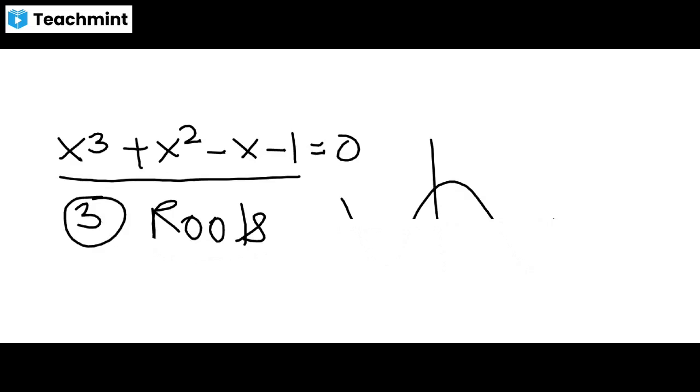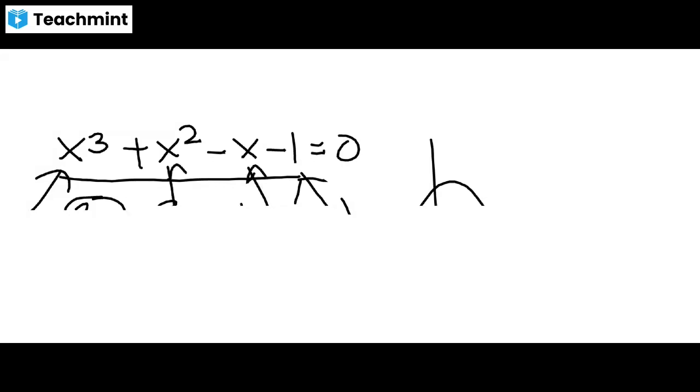So how does it go? For this, we will take the coefficients of these variables, right? And we will try to find one of the roots through inspection, or some people call it hit and trial method, right? Hit and trial. So let's take x is equal to minus 1 here and see whether it satisfies this equation or not.